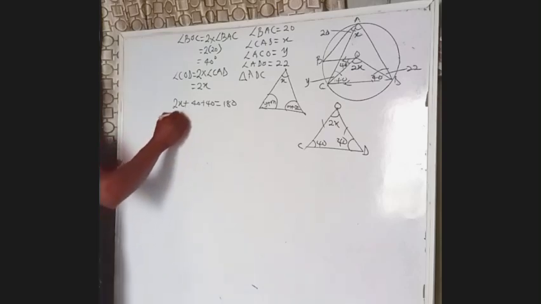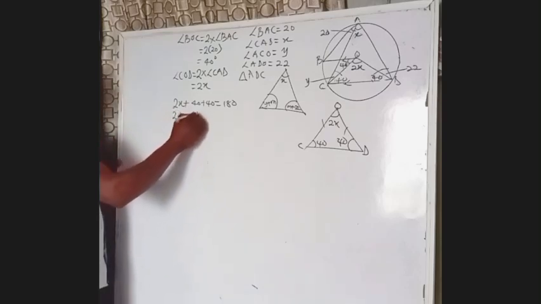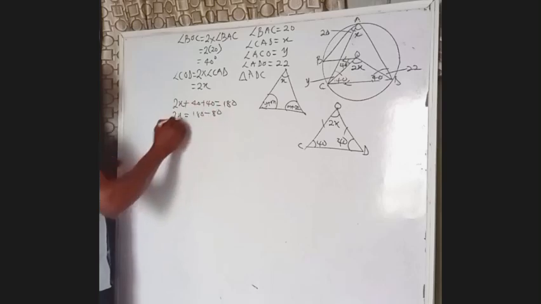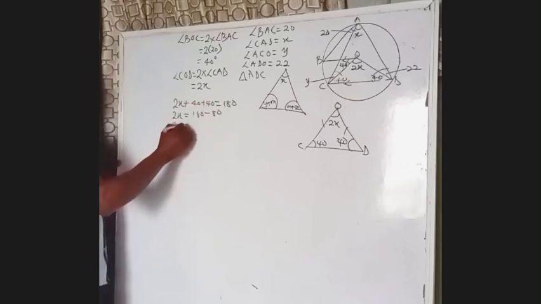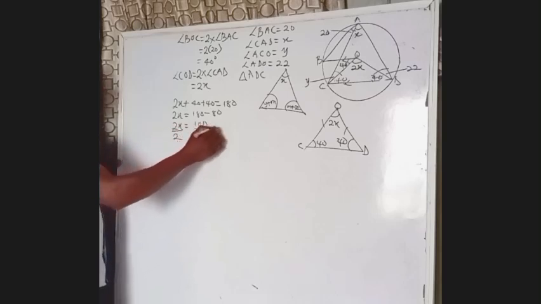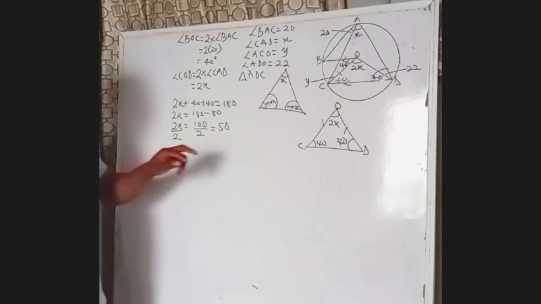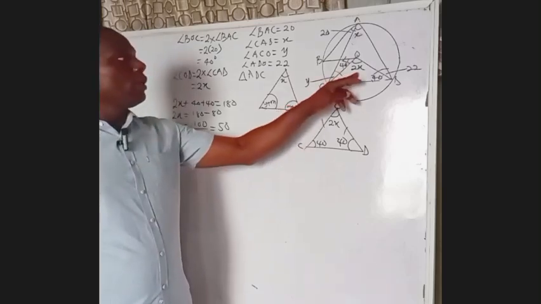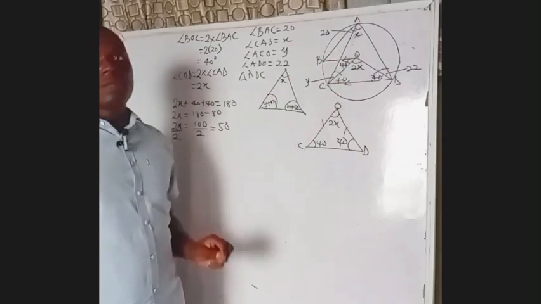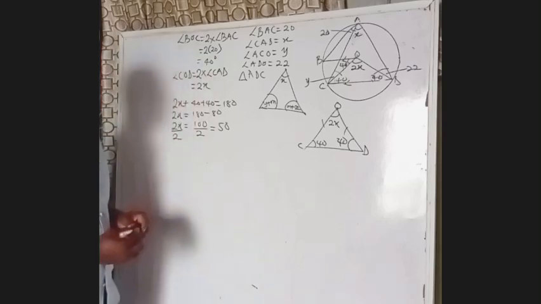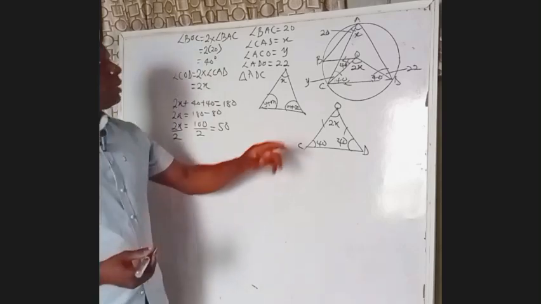So 2x is equal to 180 minus 80, so 2x is equal to 100. We divide both sides by 2, so the value of x is 50.